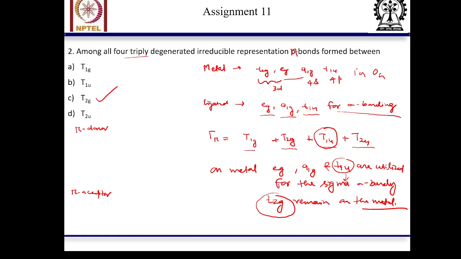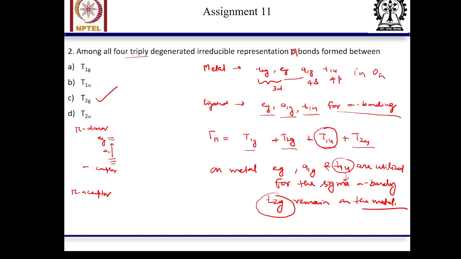Okay, so let me explain. First I will draw the sigma complex. What are the orbitals present for the complex? We have T2g and we have Eg star. This is once we form the sigma, and this is your delta.